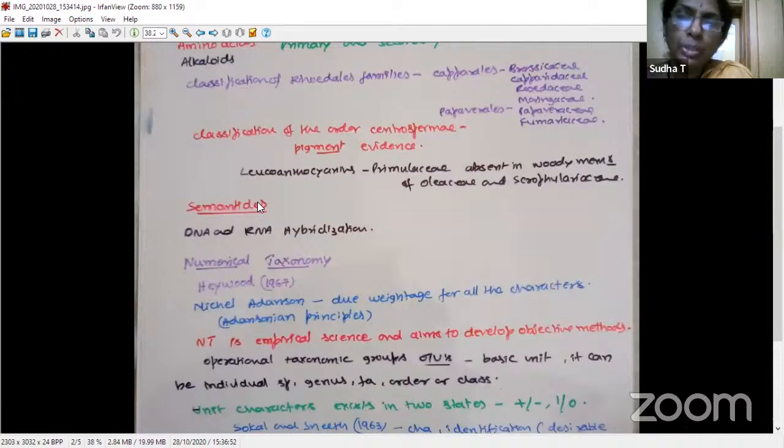The proteins are derived from the genetic resource, from the DNA and RNA, at the third level. They are also called non-genetic macromolecules, while the proteins are called tertiary semantides. All these three have a lot of significance in their own way, function wise, and are also useful in systematics as well.